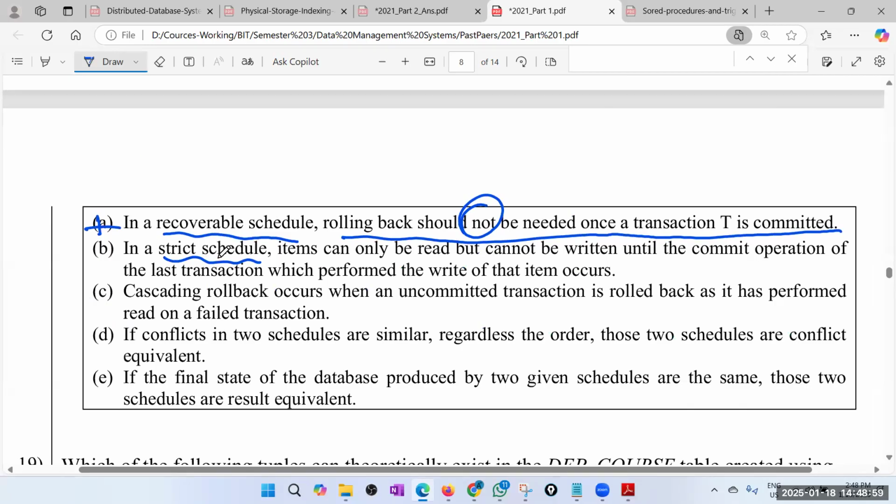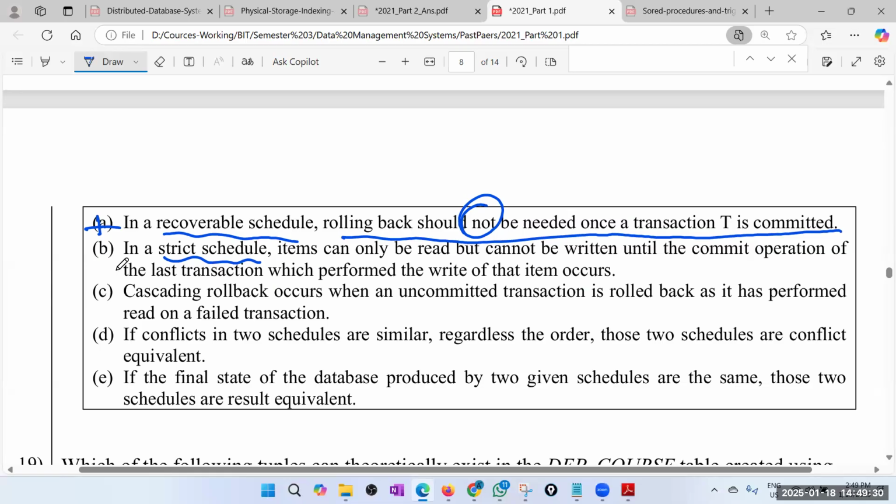In a strict schedule, item can only be read but cannot be written until the commit operation of the last transaction which performed the write of that item occurs. In strict schedule, items can only be read but cannot be written. It's the other way. No, this has nothing to do with the strict schedule.